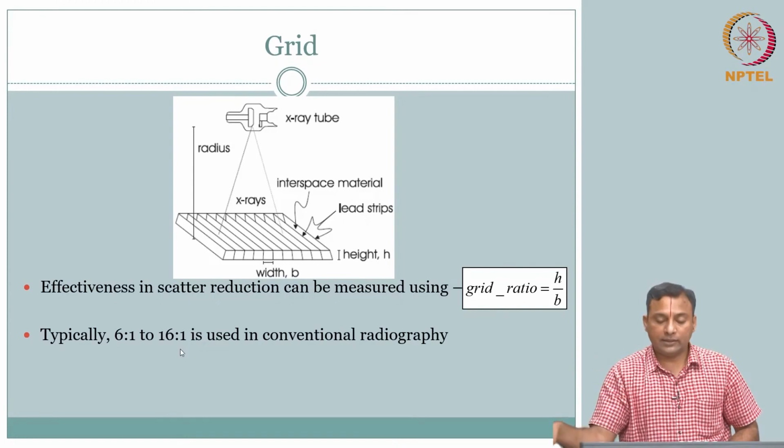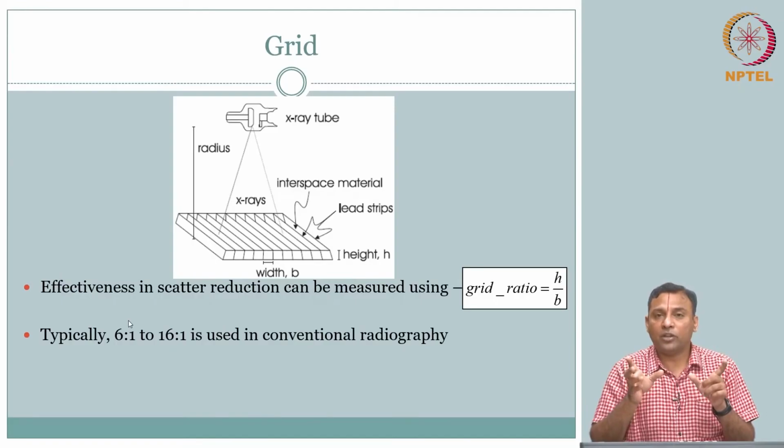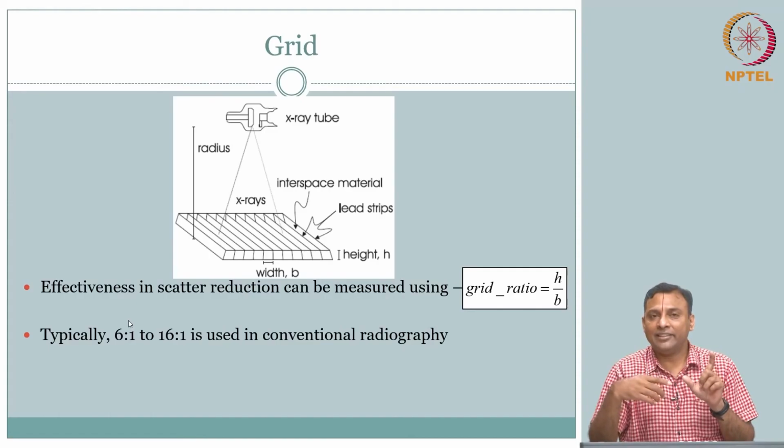If you really think about it, we did one simple calculation, right? Recall when we talked about the number of photons that are lost, H mu and H mu dash, the energy and number of photons and the angle at which it can hit and still be considered straight line, right?